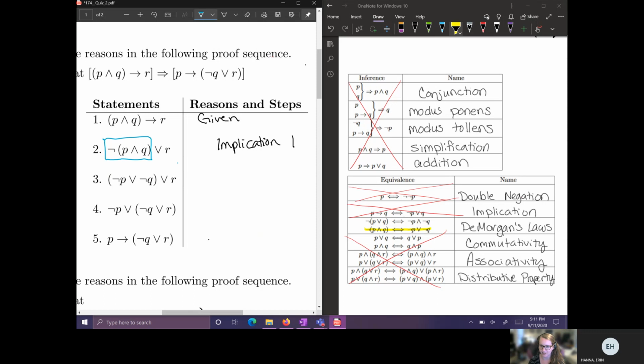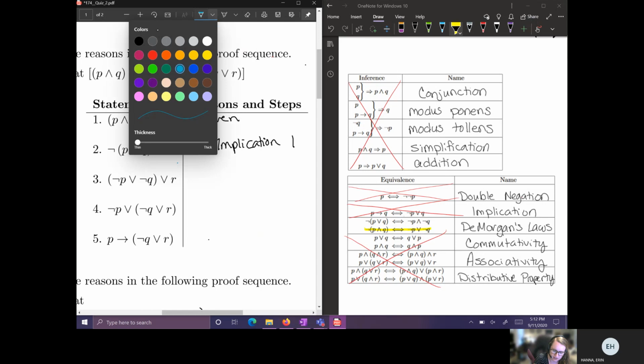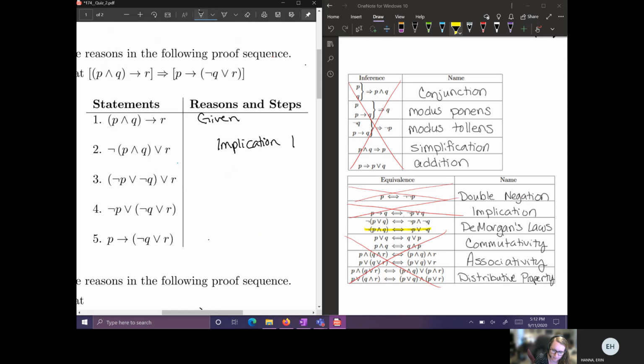It looks like not (P and Q). So that's kind of nice because it's easier to check. So we need to make sure we have not P or not Q. And that is exactly what we have in line 3. So it must have been the case that this was a case of De Morgan's law. De Morgan's law on line 2.